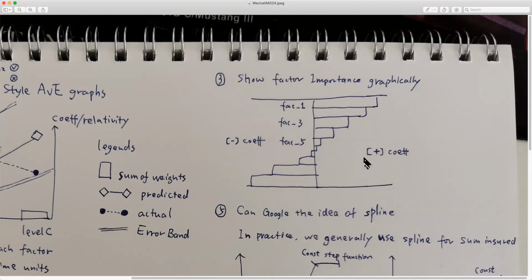On the right-hand side are the positive coefficients, and on the other side are the negative coefficients. Then you can see the most significant positive contributor and the most significant negative contributor of your model, and also some factors that are not very important.